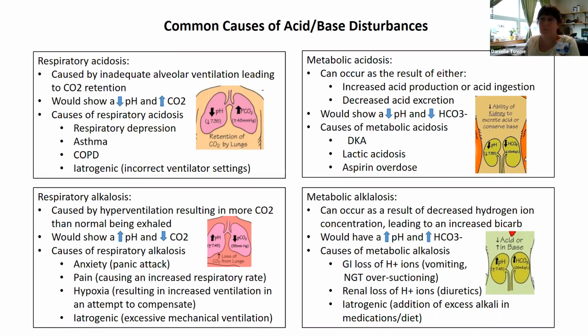So we put in poor vent settings. Let's say we've got a DKA patient who gets intubated. Their pH is 6.9. Because they're in such a horrific metabolic acidosis, their ventilation before they got intubated was, say, 35 to 40 breaths a minute.